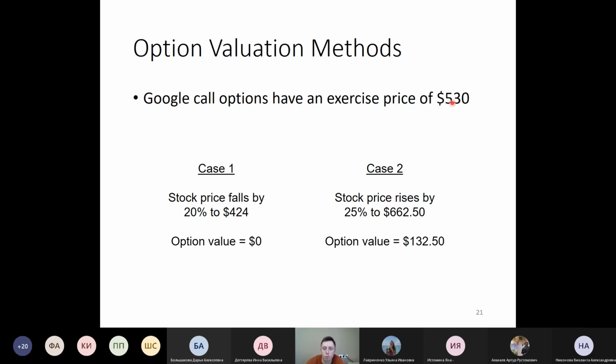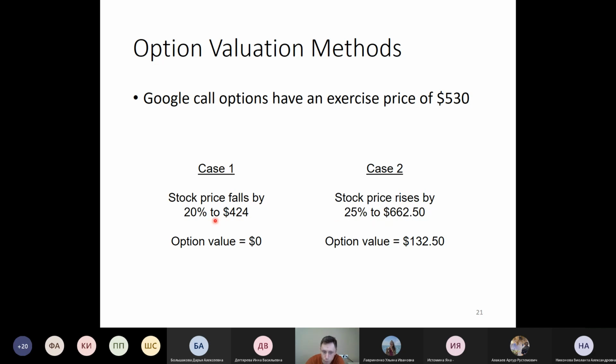We have a Google stock, and we have a Google option to buy this stock at the exercise price of 530. The stock price might fall to 424, or it might go up to 662.